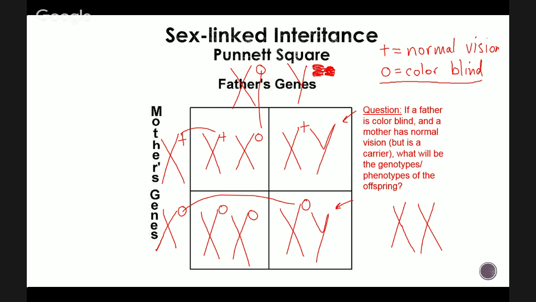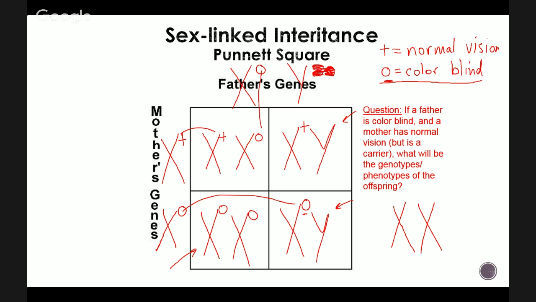So, what are the genotypes and phenotypes of the offspring? Looking at the females, what's the genotype? 50% heterozygous, right? So the female will have a 50% chance of being heterozygous, and a 50% chance that she's homozygous with the colorblind allele, okay? For the male, 50% chance that the male has the allele for normal vision.